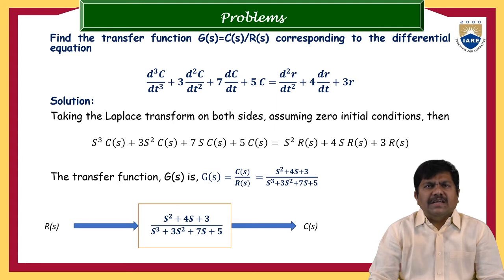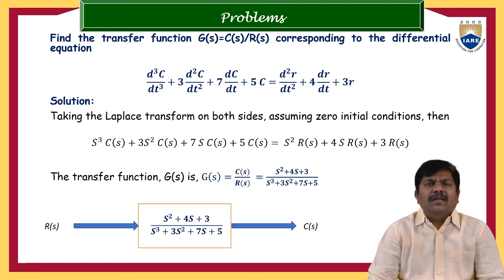Now if you observe the differential equation they have given, it is a third order differential equation: d cube c by dt cube plus 3 d square c by dt square plus 7 dc by dt plus 5c is equal to d square r by dt square plus 4 dr by dt plus 3r.